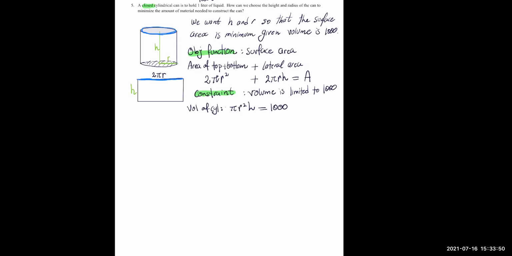Totally up to you. If I solve this equation for H, all I gotta do is just divide by pi r squared. Okay? But if I solve this equation for r squared, I would have to take square root, and that can make things a little bit more complicated. I don't want to do that. So just solve for H.